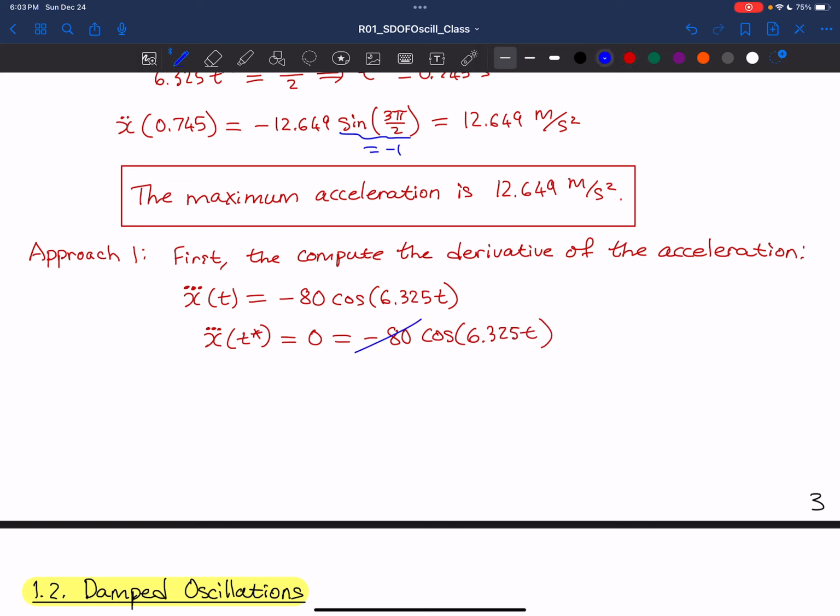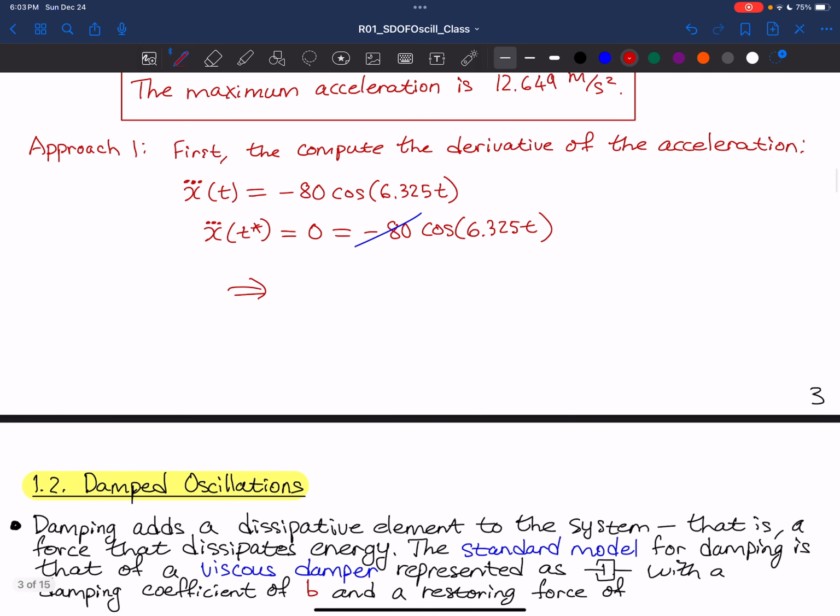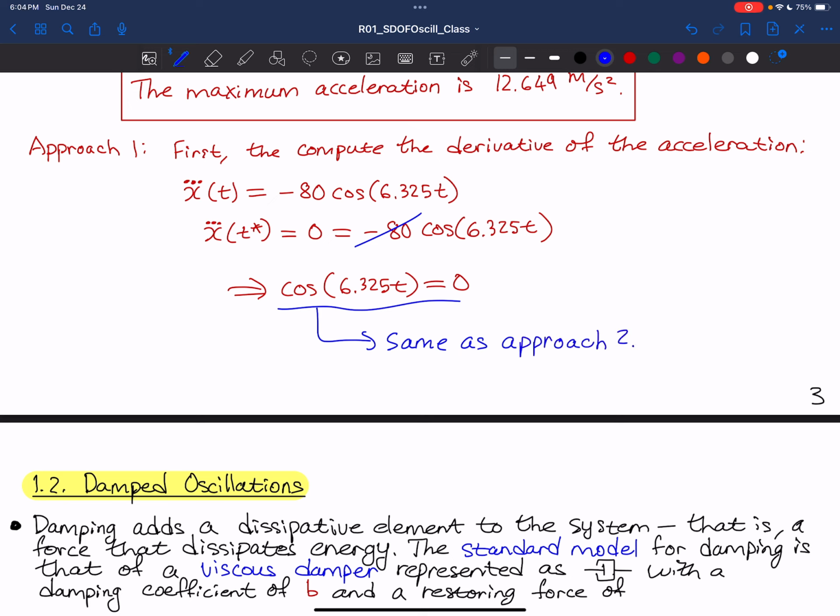Again, we can eliminate the 80, and therefore we find that the cosine of 6.325t is equal to 0, and this is the same as approach 2. So you can see if we go down this path, we'll end up finding the exact same result as in approach 2.